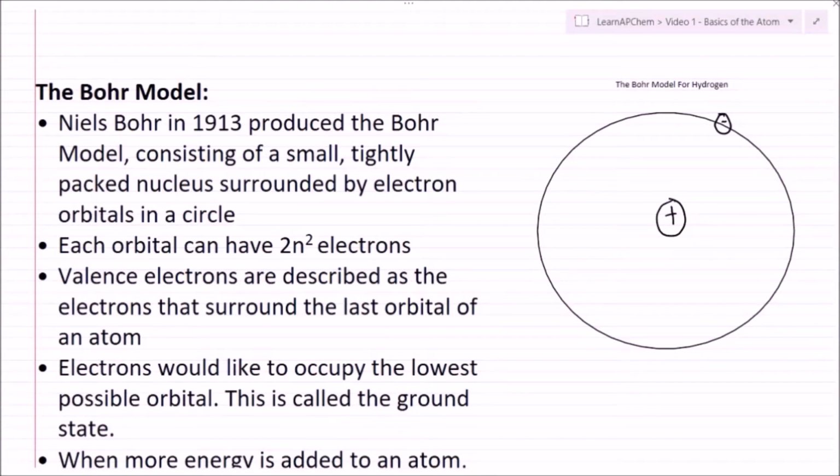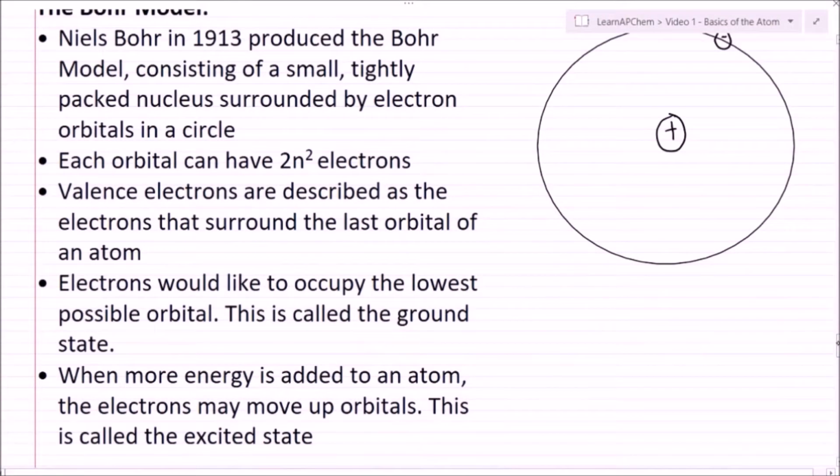Note that electrons would like to occupy the lowest possible orbital. This is called the ground state. So if we wanted to draw the Bohr model for hydrogen in the ground state, we would draw it like so. But when there's more energy added to an atom, the electrons may move up orbitals, and this is called the excited state.